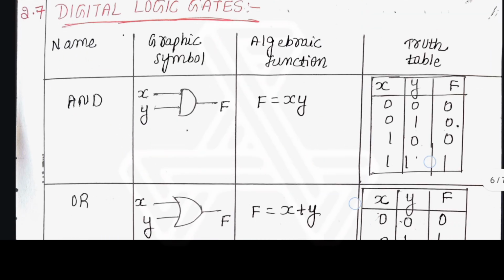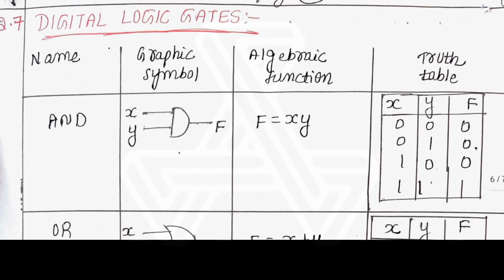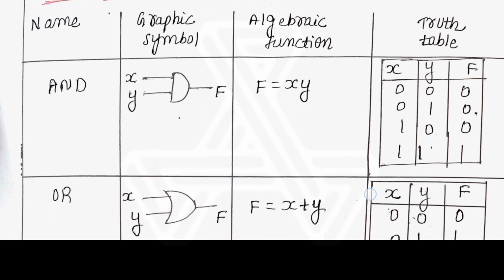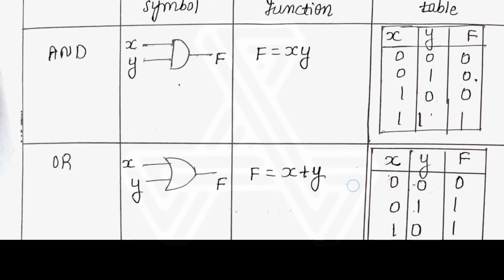Then we come to the digital logic gates. Name AND gate, algebraic function xy. Truth table: 0 into 0 is 0, 0 into 1 is 0, 1 into 0 is 0, 1 into 1 is 1.